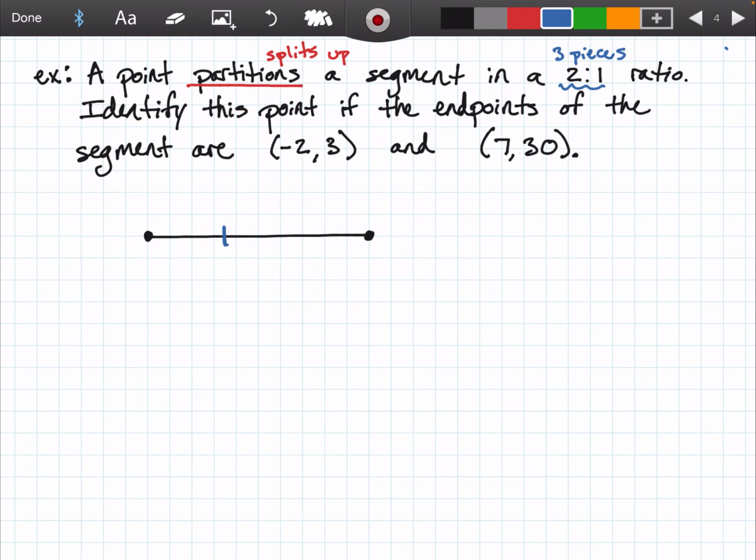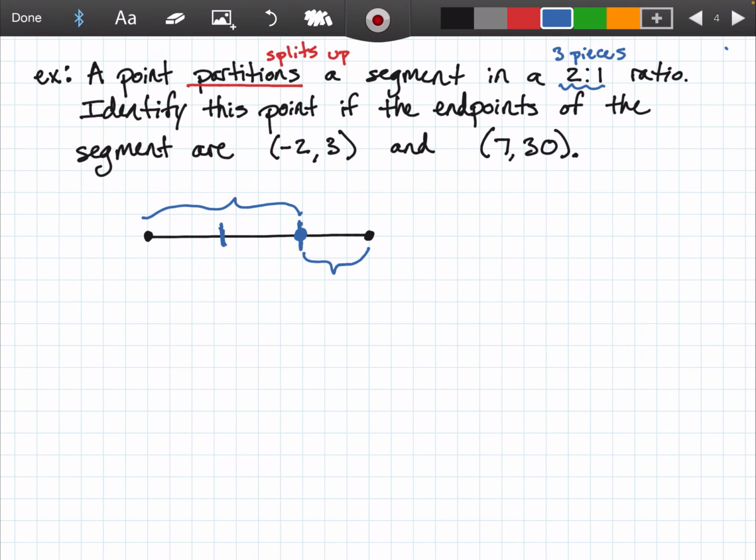You can just sketch it out. Point is, I have 3, and this point is going to split the segment into 2-to-1, which means I need 2 pieces over here, and I need just 1 piece over here.